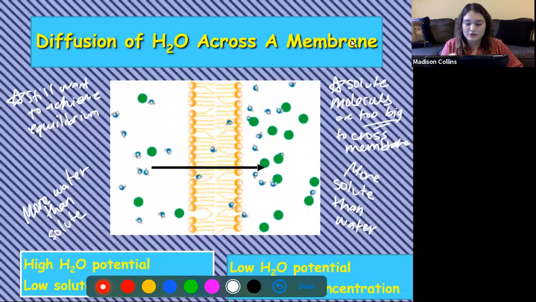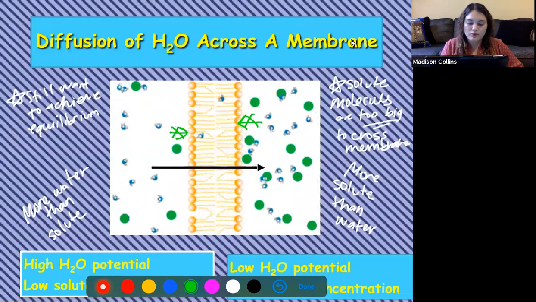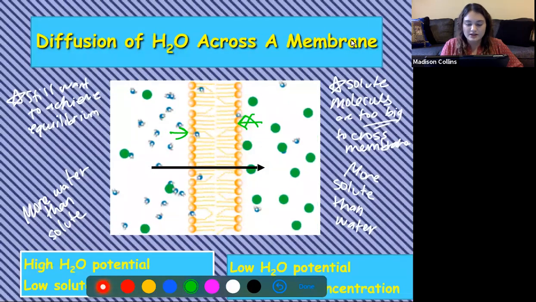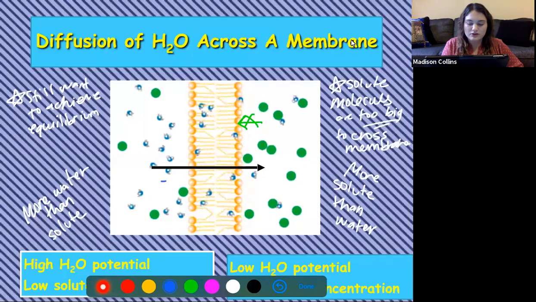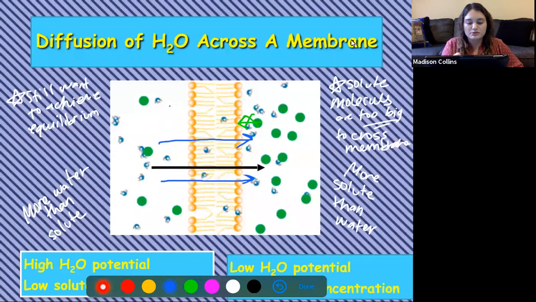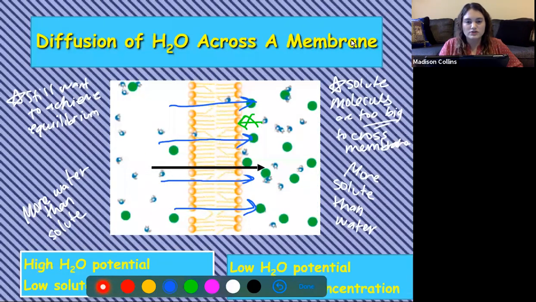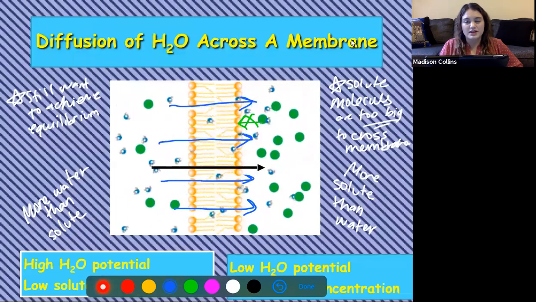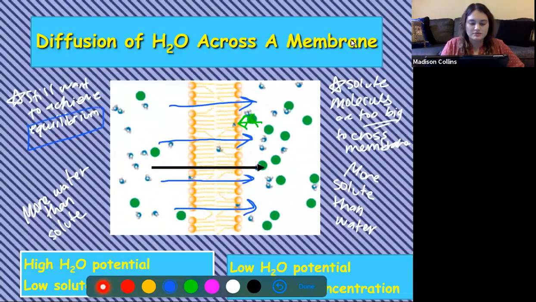So because these green molecules can't move across the membrane, the water is going to go instead. And this side of the membrane, where there is more water than solute, those water molecules are going to move across the membrane until we have an equal amount of water to solute ratio on both sides. So it's going to keep going until equilibrium is reached.